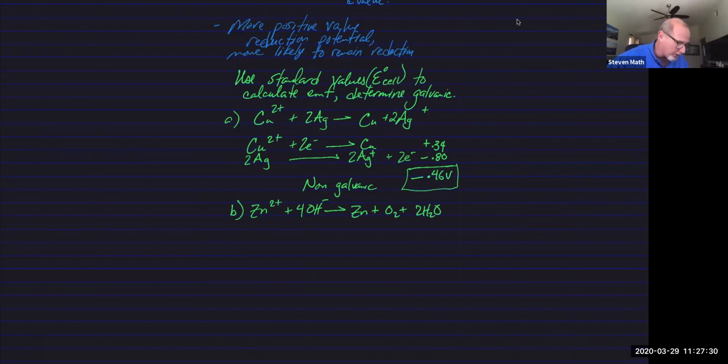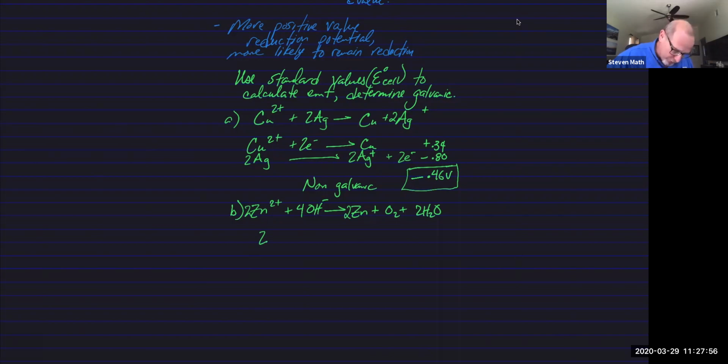So let's pull apart our two half reactions. If you can't find the halves, they're written in the reduction potential tables, and you'll always have one of those. You just need to find them. There's a 2 there and a 2 there, my apologies, and a 2 in front of the water.